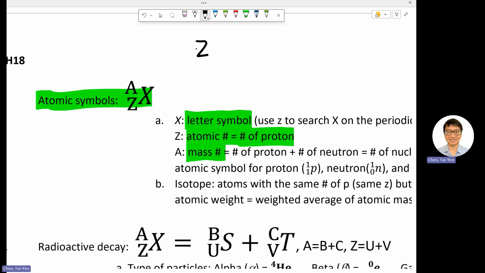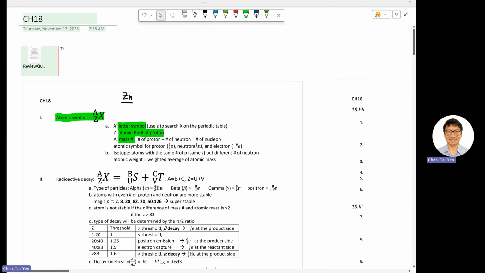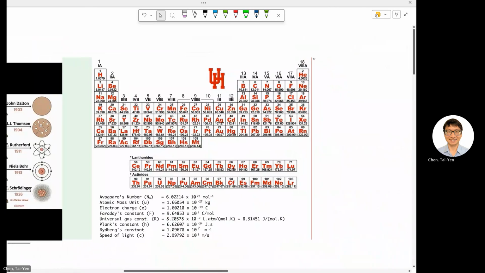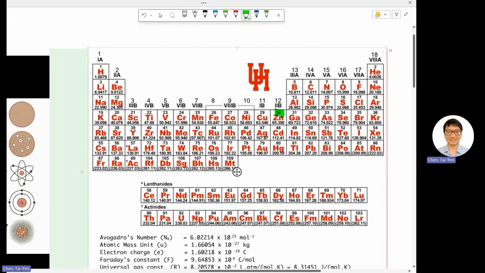For example, when we write out zinc, zinc itself is the letter symbol. After you write out zinc, you can go to your periodic table. So zinc is right here.